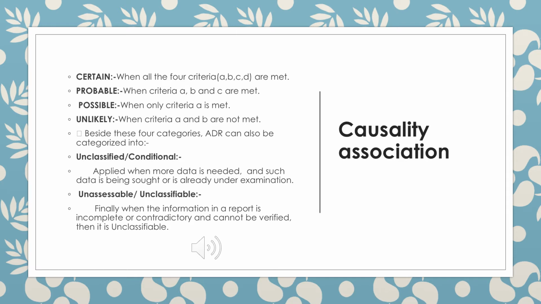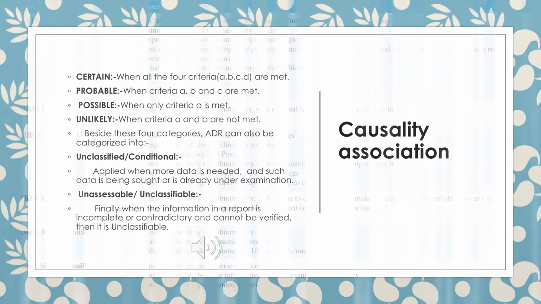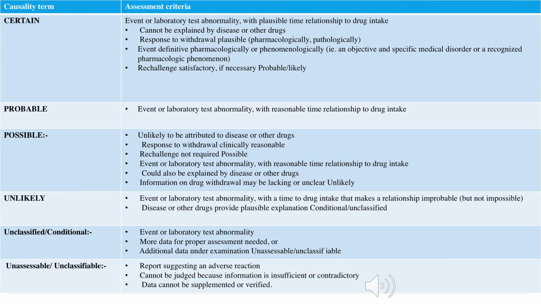Then that type of ADR is called unassessable or unclassifiable. For further information on these ADR types, certain, probable, possible, unlikely and unclassified and unassessable, which I have already explained in the previous slide, I have listed out certain assessment criteria. You can go through this slide.